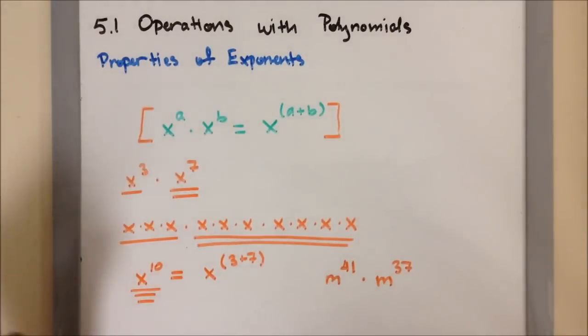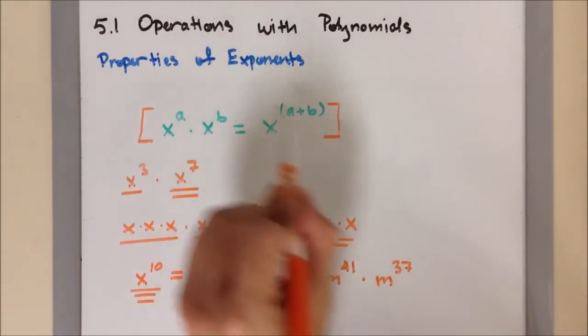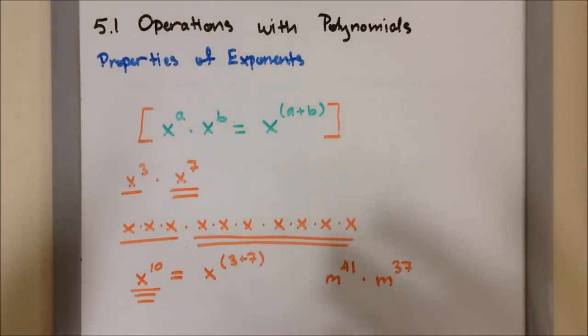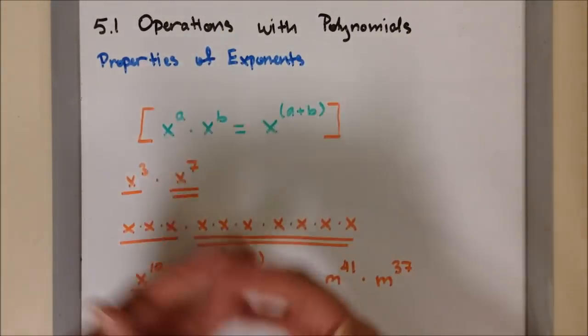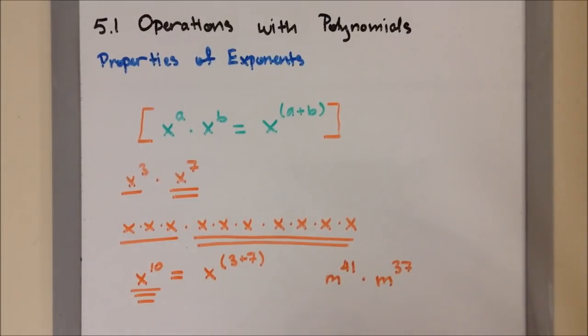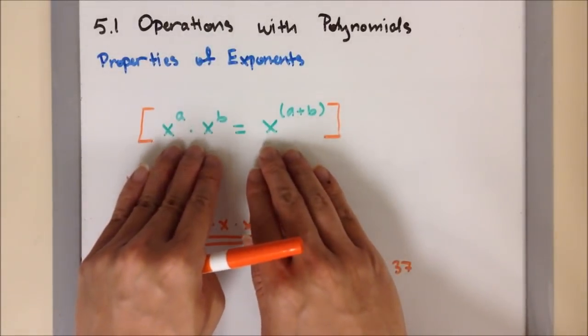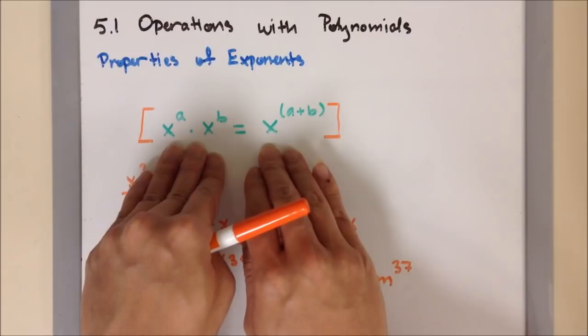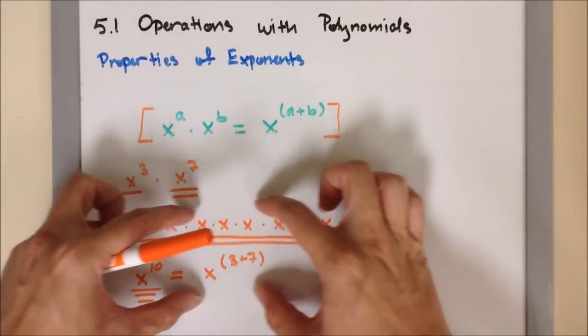When if you want to do the shortcut, you would just follow this property. So instead of writing out the variables or the numbers based on the exponent, you don't want to do it when it's a lot. So we're going to follow this property, this law of exponent, as a way of doing a shortcut versus if you were to write this out.